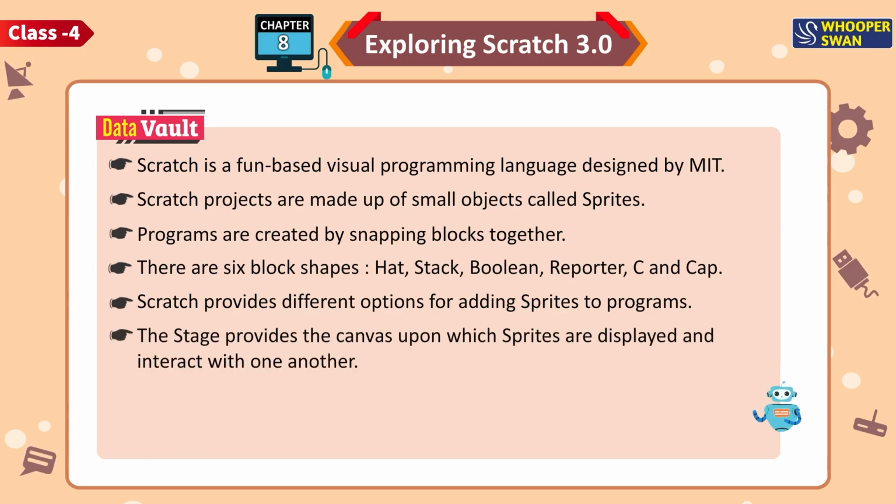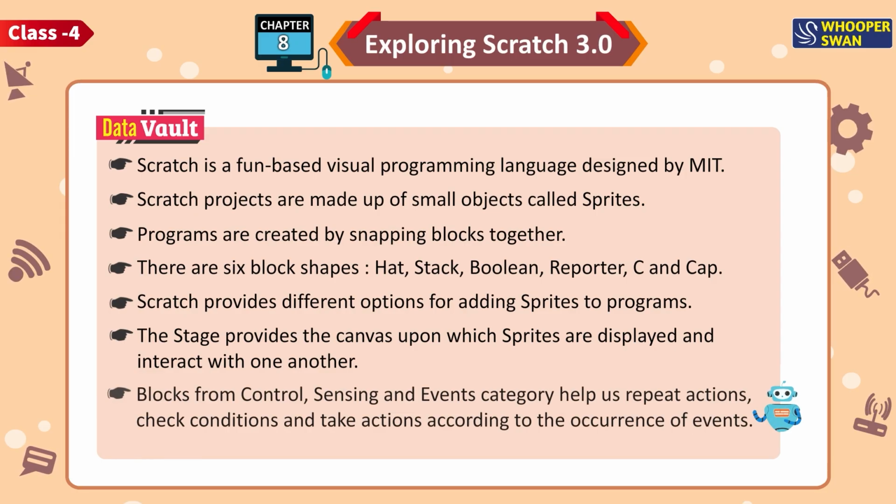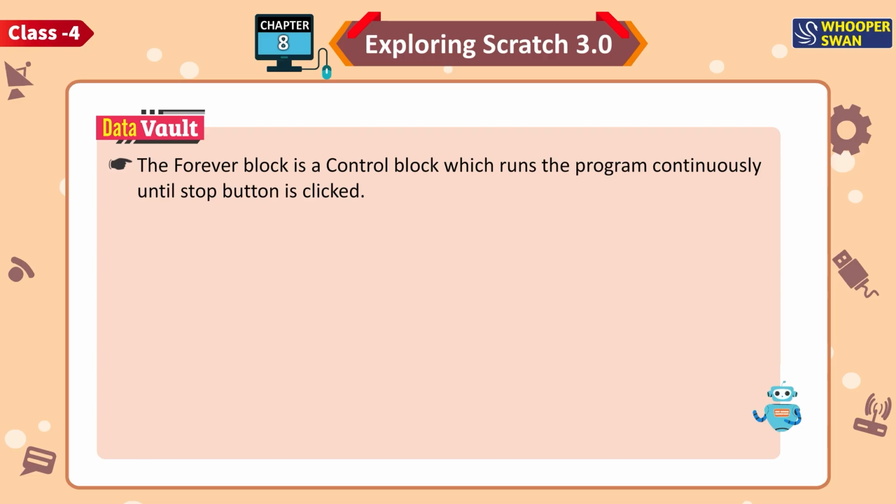The stage provides the canvas upon which sprites are displayed and interact with one another. Blocks from Control, Sensing and Events category help us repeat actions, check conditions and take actions according to the occurrence of events. The Forever block is a control block which runs the program continuously until Stop button is clicked.